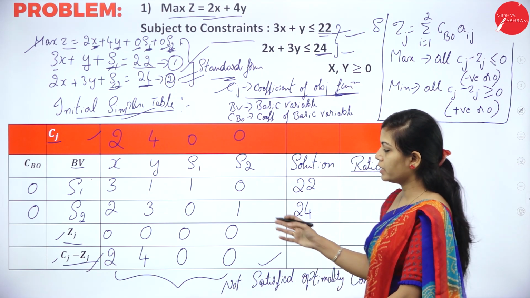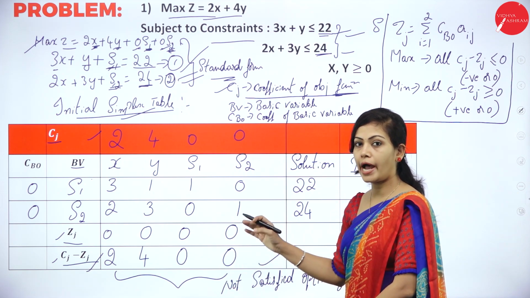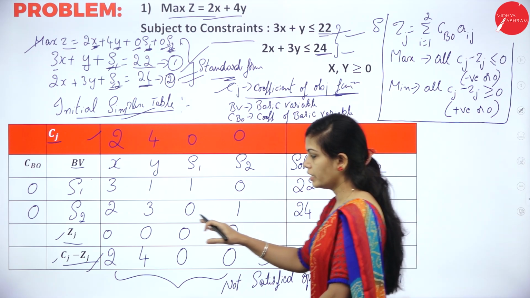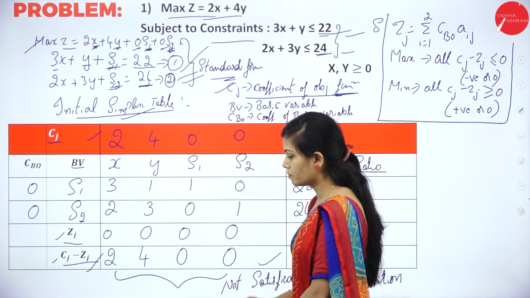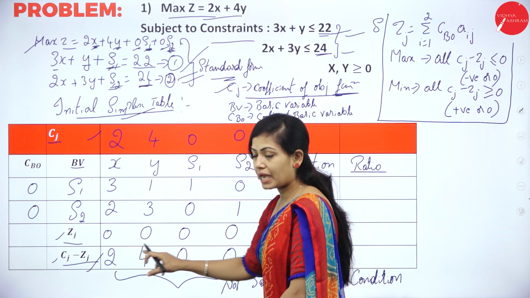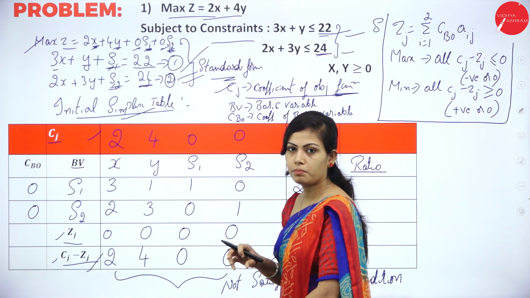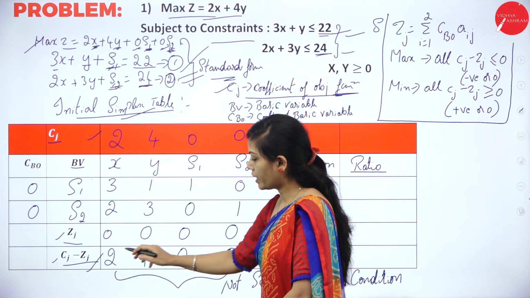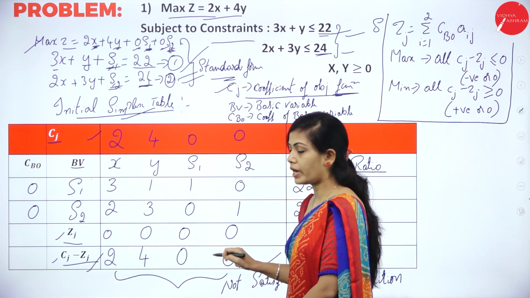So how do we find the key column, key row and pivot element? After this, you have to see the Cj minus Zj values. Here we have plus 2, plus 4, 0 and 0.